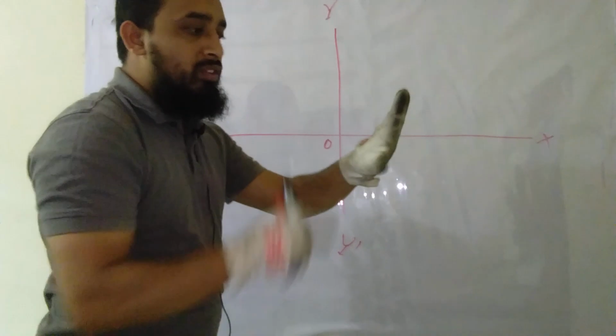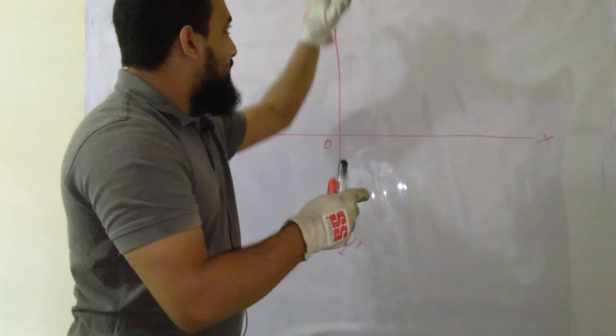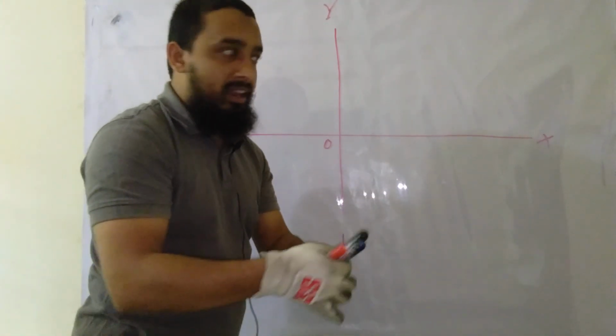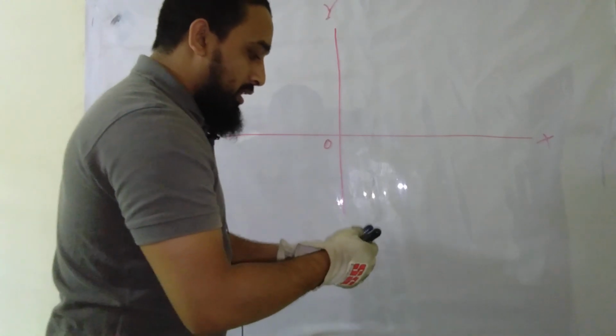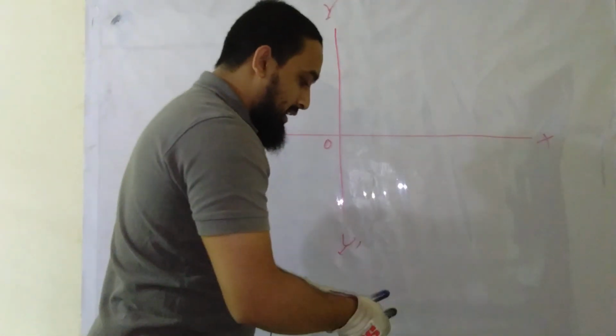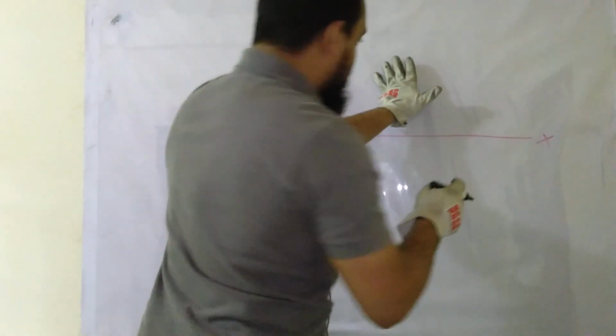Now, if I consider my thumb as the x-axis and my little finger as the y-axis, and I draw a figure here, okay, let's see what the figure is going to be. I'm going to draw my hand. So look here, if I draw my hand, it's something like this.